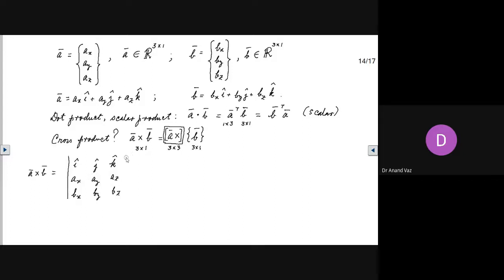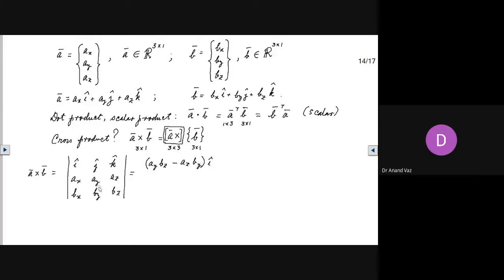So we multiply I with AY BZ minus AZ BY.